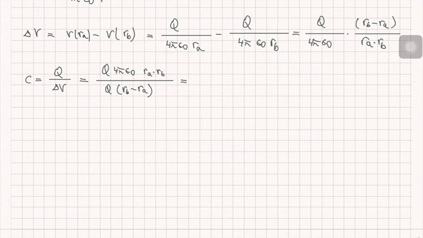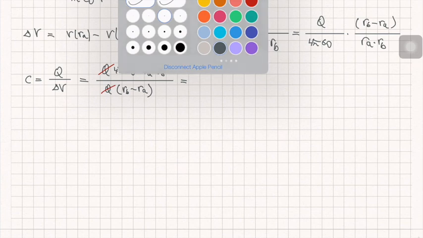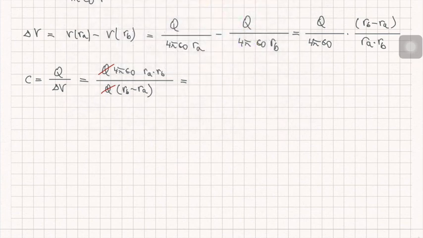Therefore the charge cancels out, and we're left with a quantity which is entirely determined by the geometrical configuration of this spherical capacitor arrangement. So let me also box this result.